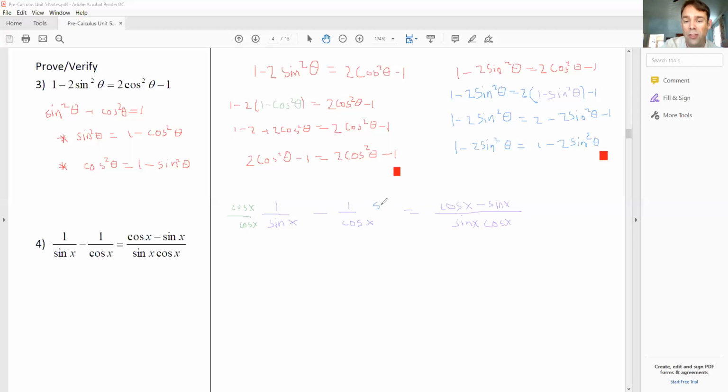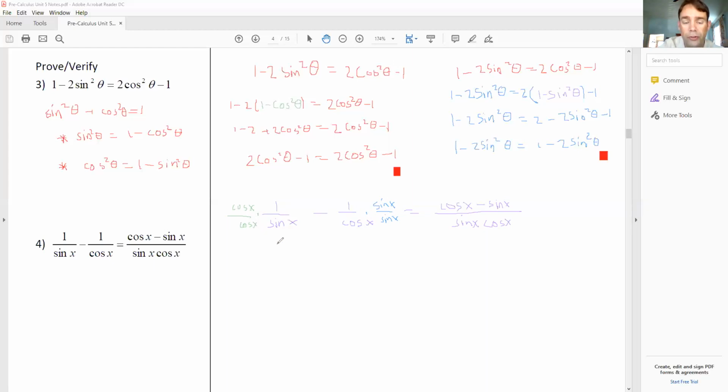So it didn't change the value of the fraction. So we're going to multiply by cosine x over cosine x, and then sine x over sine x.